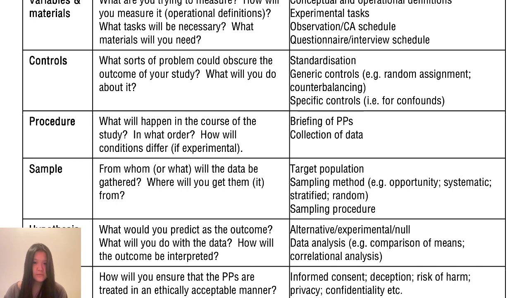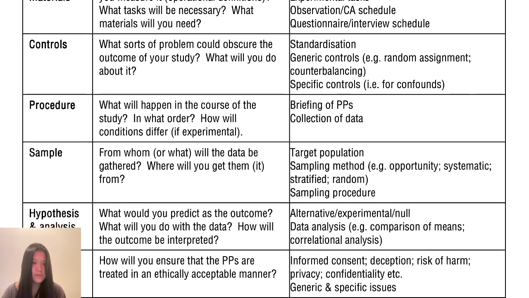Then we have to state what type of extraneous variables, with an example of them. You can look at the things to specify to help you understand this. For example, controls would be standardization, generic controls like random assignment, counterbalancing, and then specific controls. You understand?